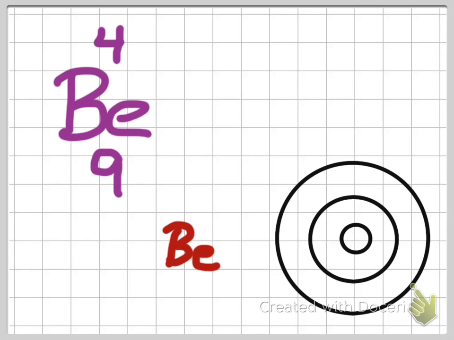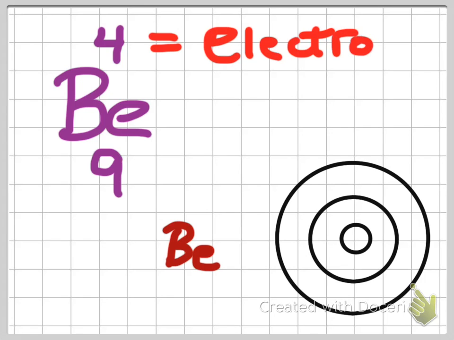Okay, for beryllium, once again, those are electrons. Okay, for neutrons, we have 9 minus 4, and that's gonna be 5.